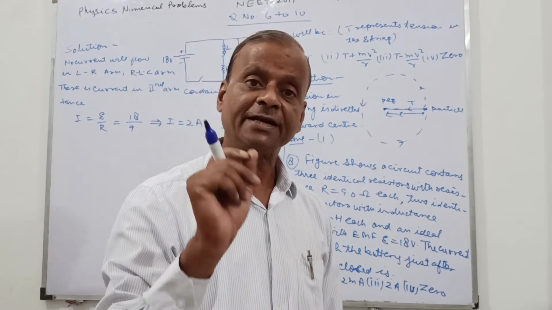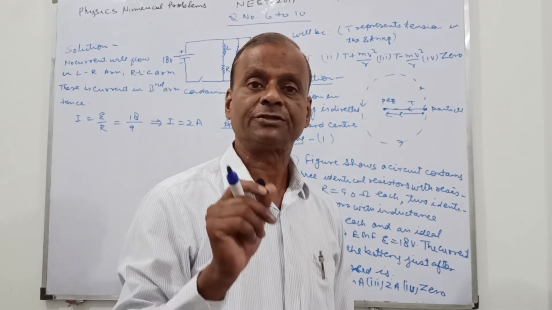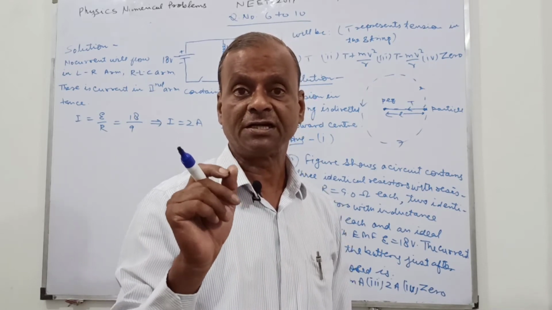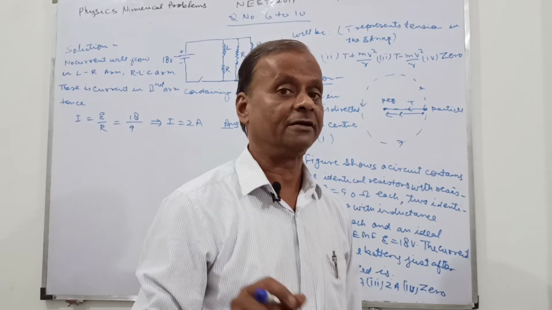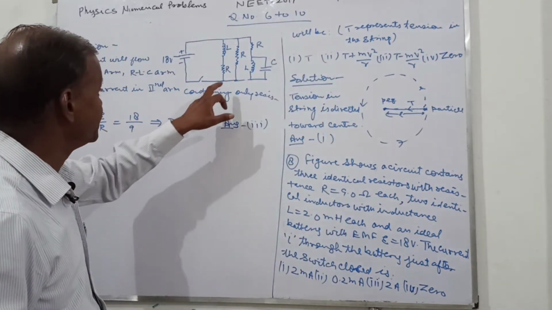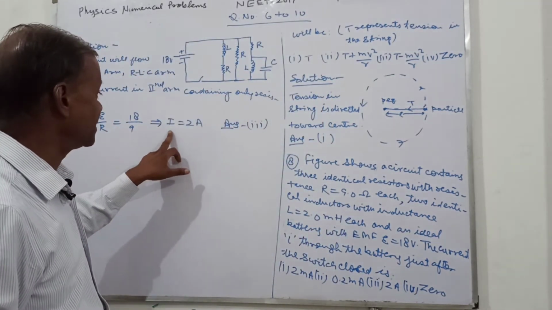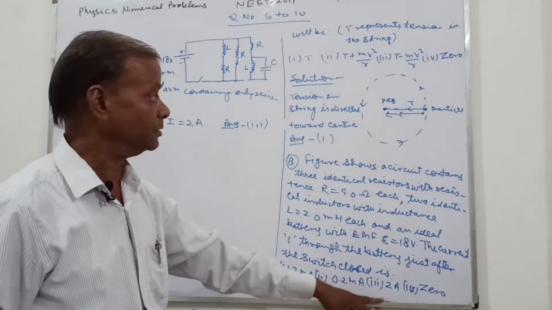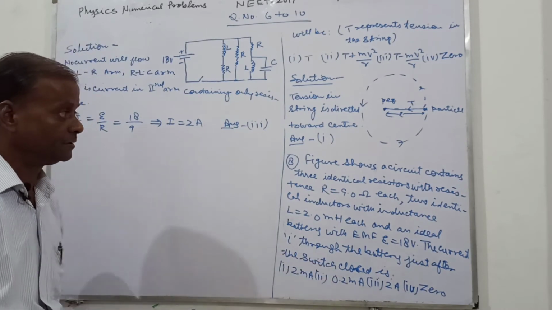Now only the second arm is left, in which there is a resistance only. It means the current will flow only in the resistance in the second arm, this one. So now you find the current, then I equal to so much. So only option is third one. So we have the right answer, third.